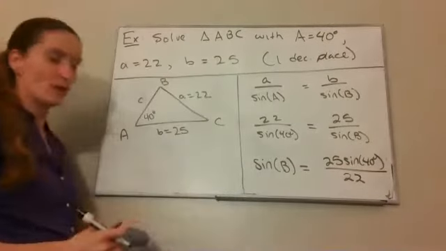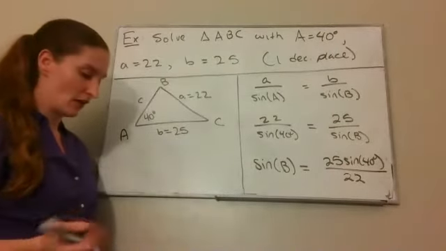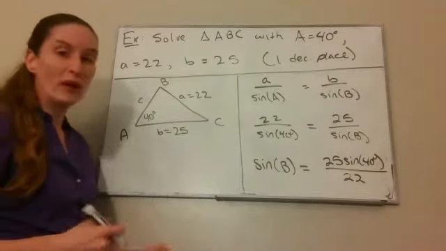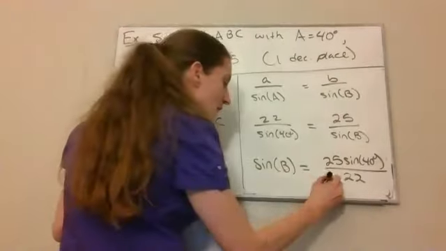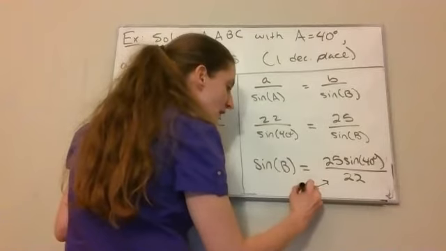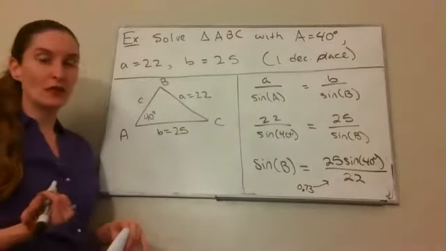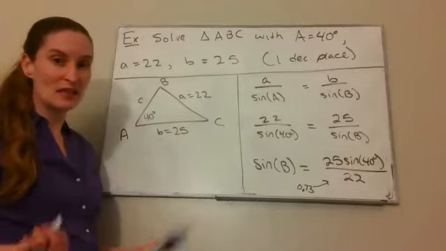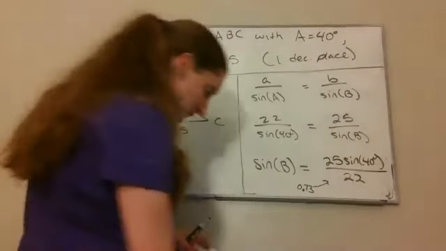Now, if you type that right-hand side into your calculator, this time you're going to get about 0.73. That is a valid value for our sine, so we can continue and find our angle B.